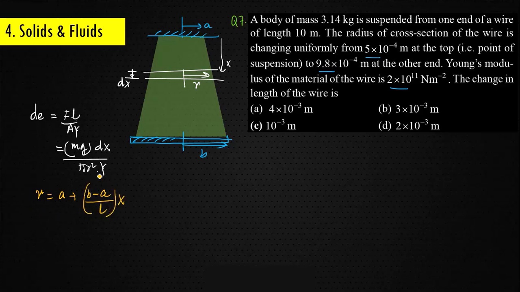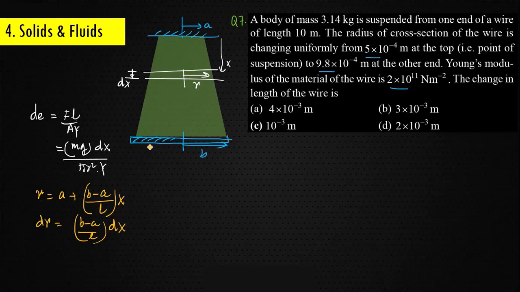Once we put this, r becomes a function of x. Now if I differentiate, dr should be equal to ((b minus a)/L) into dx.